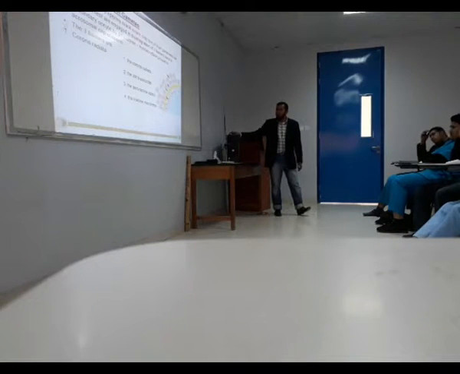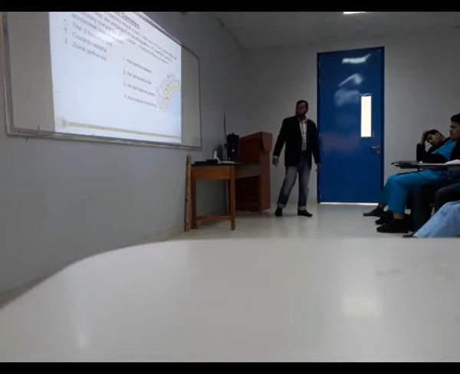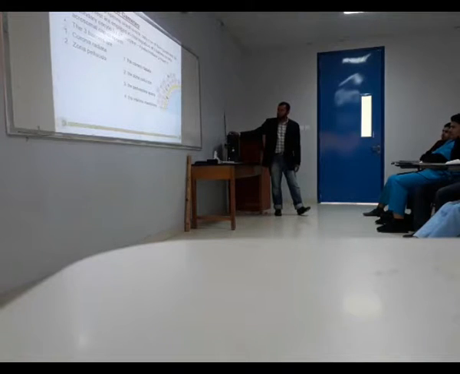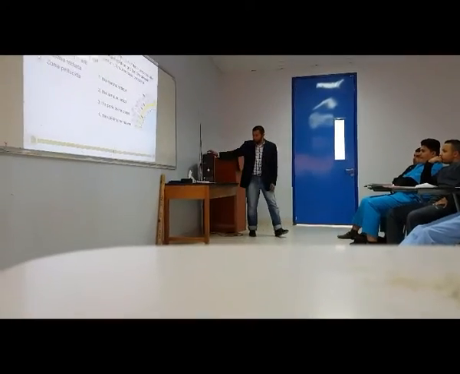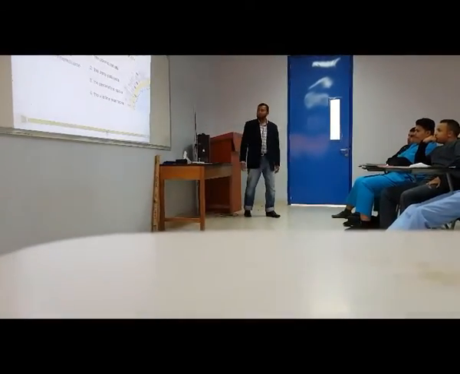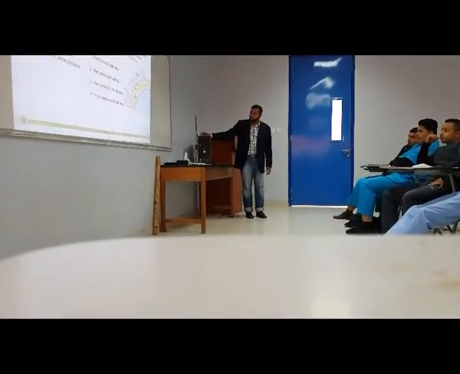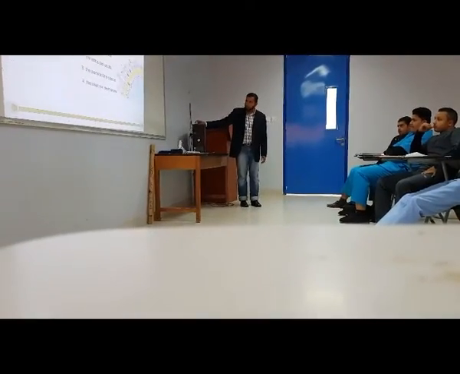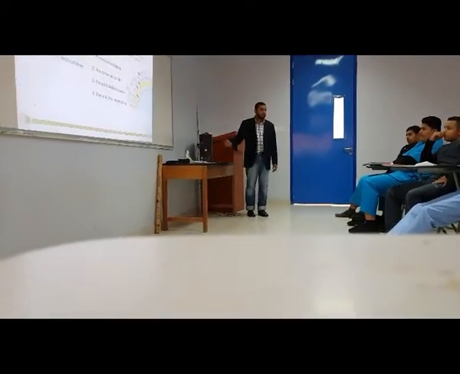The second barrier which they have to break is called the zona pellucida. There is a thick membrane here, a very important membrane, which is called the zona pellucida. And the third is deep inside. If you see in the ovum itself, there is a membrane here. This is called the vitelline membrane.